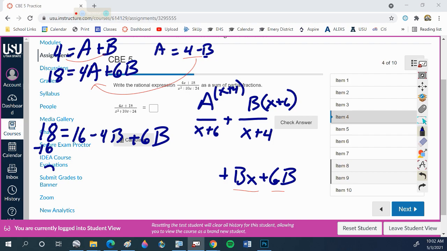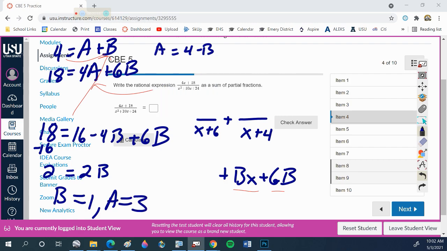Subtract 16. 2 is equal to 2b. So b equals 1. And up here, if b is 1, then a is 3. So I can come over here and replace this with 3 and 1. So the answer is 3 over x plus 6 and plus 1 over x plus 4.